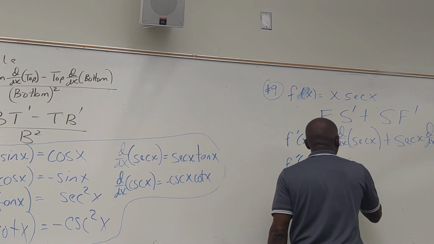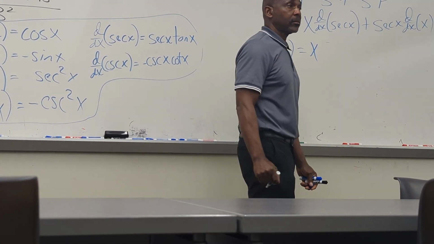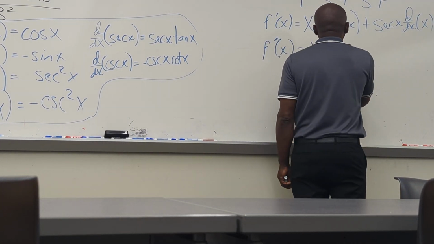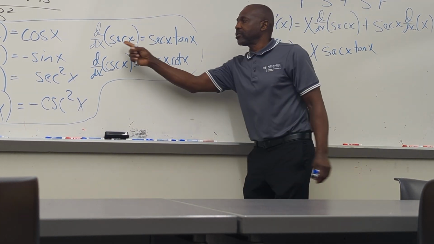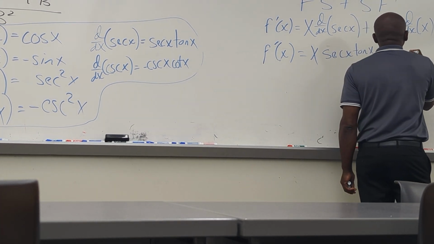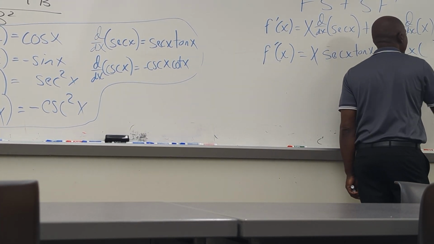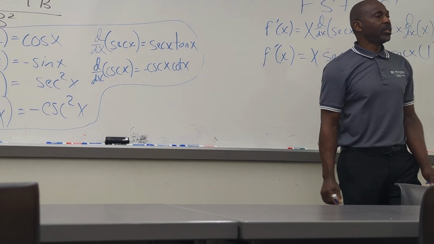So that's x times, and what's the derivative of secant x? Tangent. No. So that's secant x tangent x. Oh. The derivative of secant x is secant x tangent x. And then plus secant x, and what's the derivative of x? 1. The derivative of x is just 1.